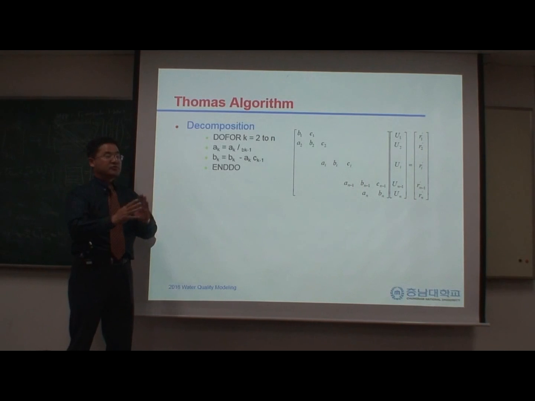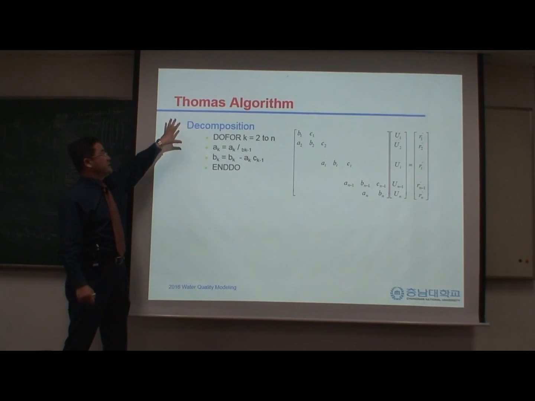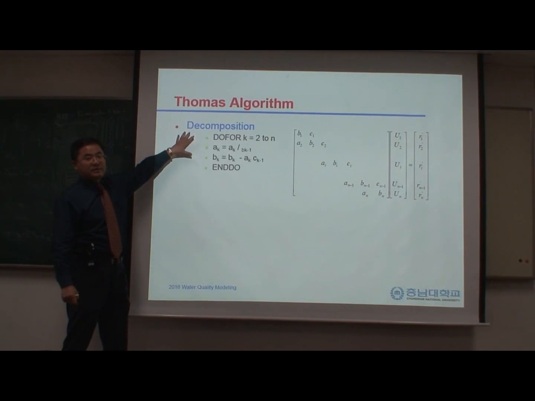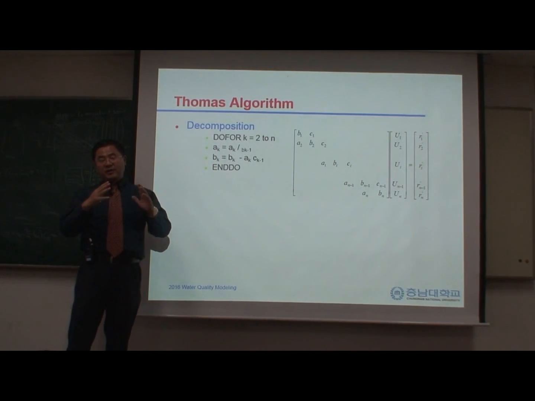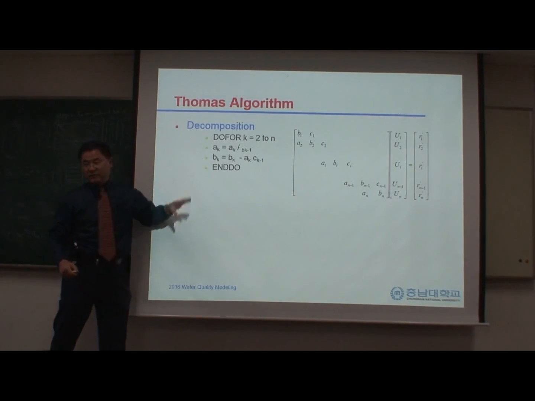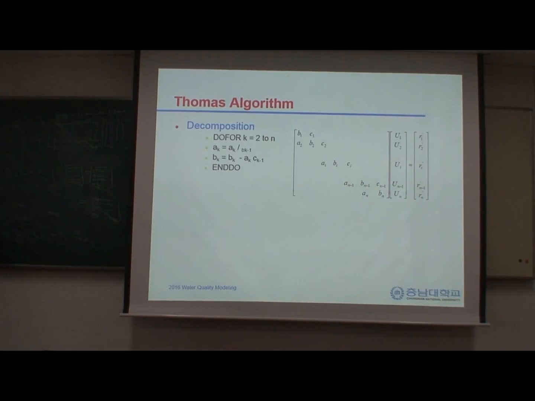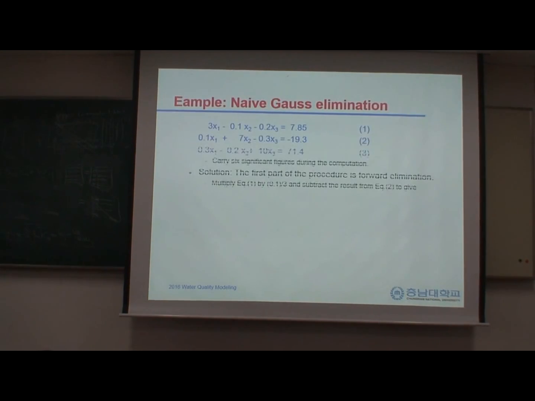So you can just reduce the number. I'm not going to talk about this too much in detail, but this Thomas algorithm is used to calculate this kind of system. This is called TDMA, tri-diagonal matrix algorithm. And so this is very much useful. Those are in many different subroutines, so they use the same routine.